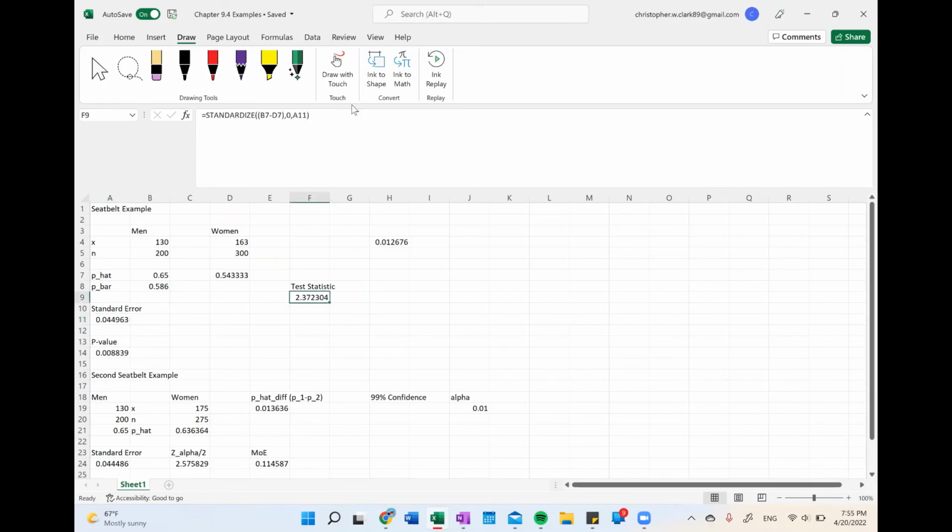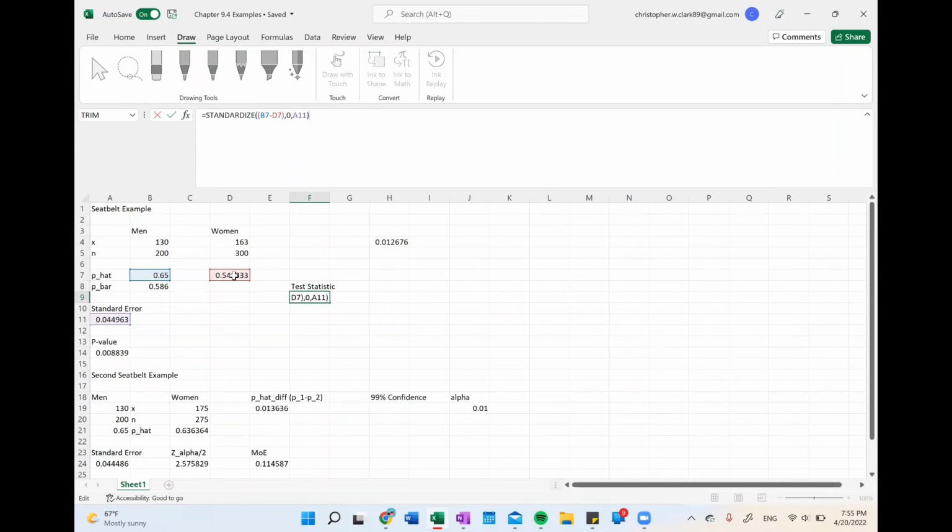So now we're going to swing over to our test statistic, and I've chosen to use the standardized function. Again, you could just write it out in terms of equals. The standardized function, you have to give it the thing you want to standardize. In our case, we're interested in standardizing the P1 hat minus P2 hat. So I did D7, so P1 hat minus P2 hat.